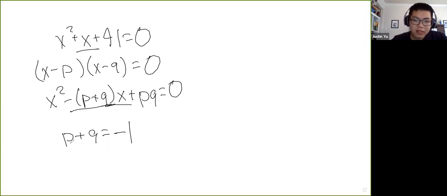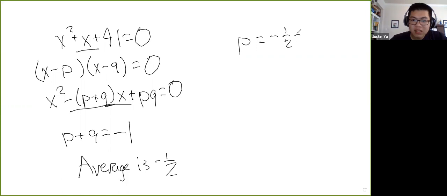So the nice thing with this expression is that we can think of this as an average. So we know the average of these two numbers is -1/2, as I should have said. So let's say p is equal to -1/2 plus some number. And then what is q going to be equal to?